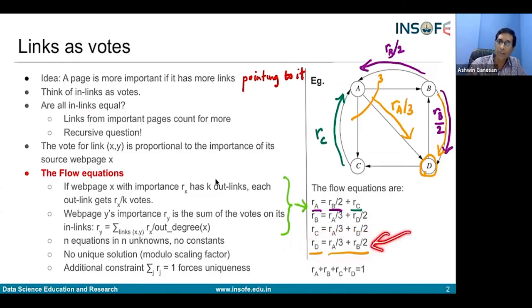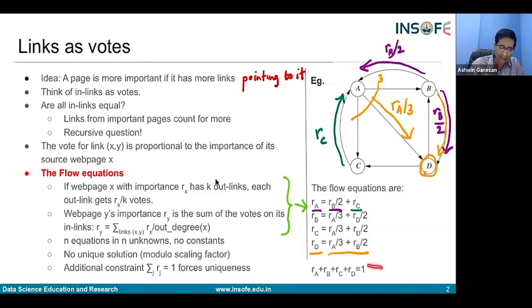In general, the score of a web page is a linear combination of the scores of the web pages that point to it. If A is very important, then automatically D becomes very important because RD depends on RA over 3, and that's how it should be.